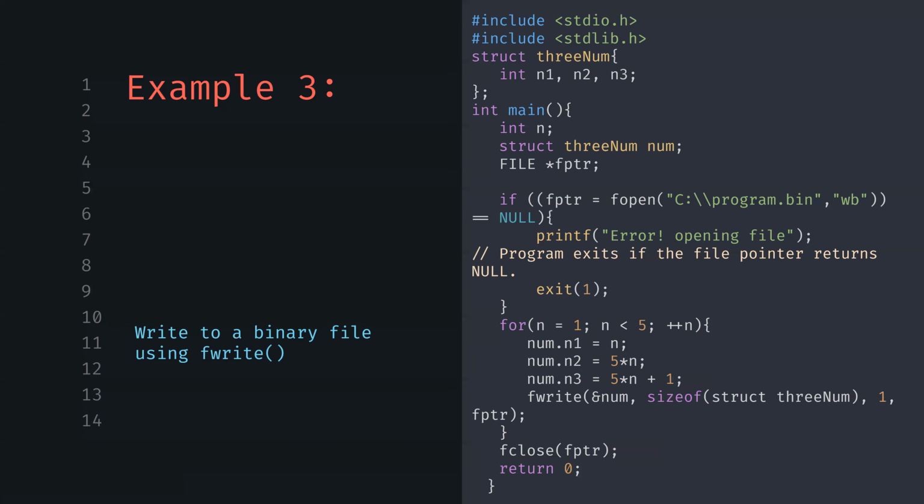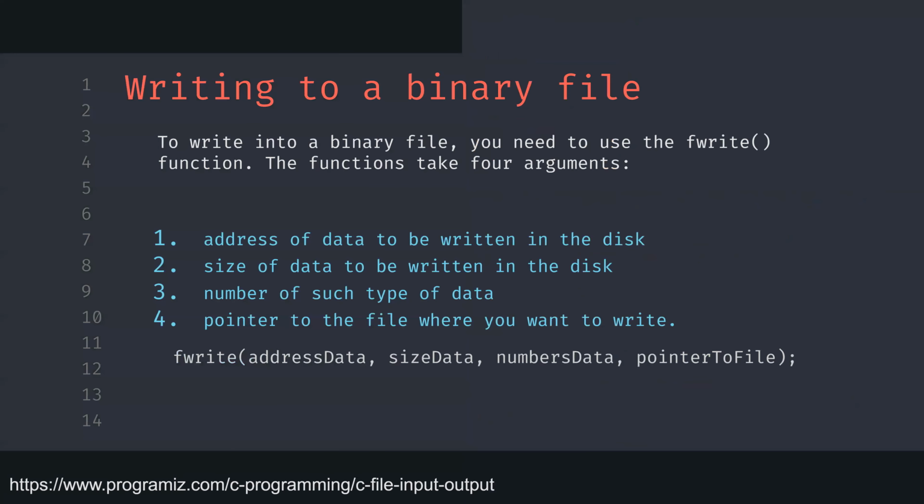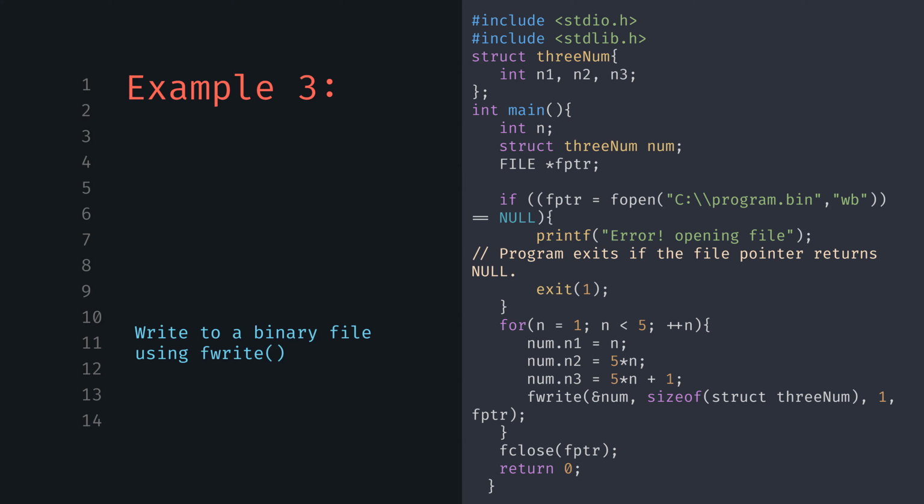Then the number of such type of data, right? Here there is only one such data, right? And as the fourth argument, we are going to pass this file, right?